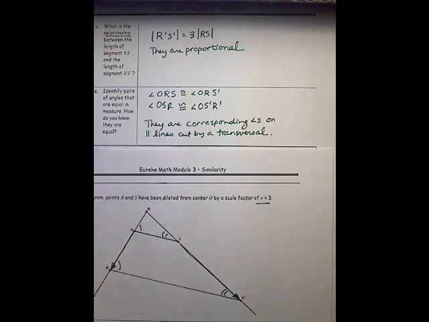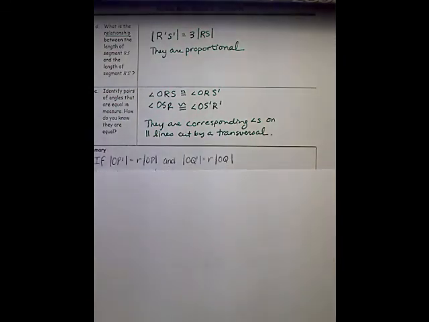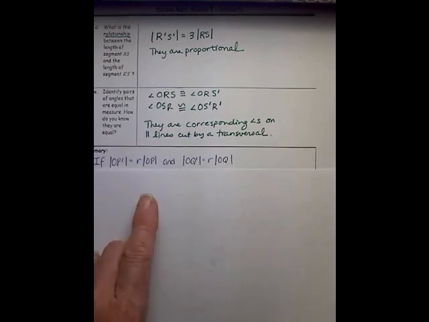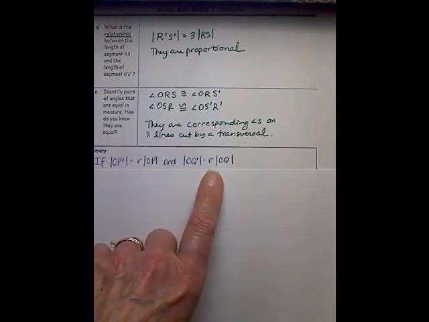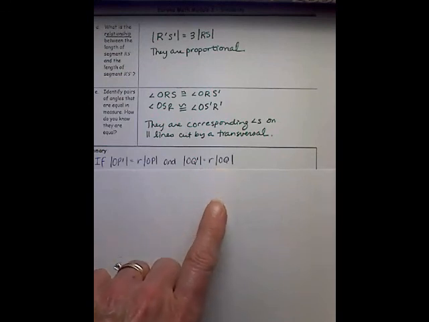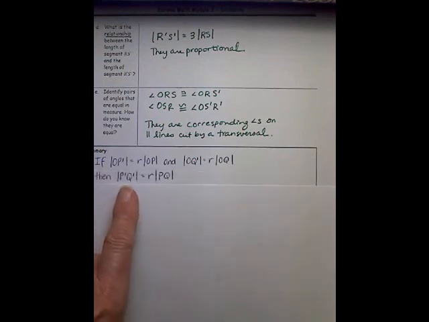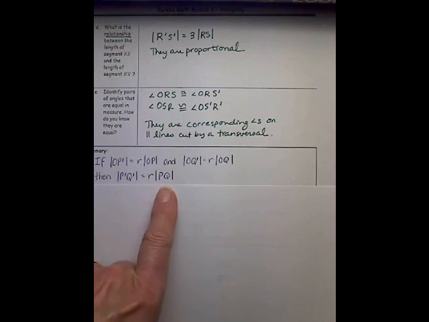Let's summarize what we have learned in this lesson. If the length of OP prime is equal to a scale factor times the length of OP, and OQ prime is equal to the scale factor times the length of OQ, then the segment connecting the dilated points is equal to the scale factor times the length of the segment connecting the original points.